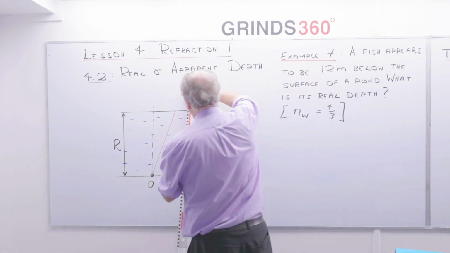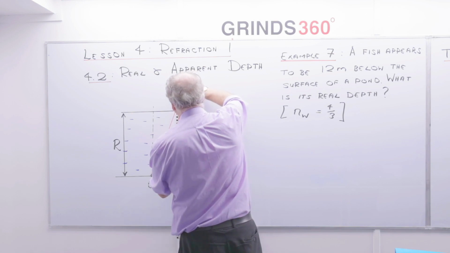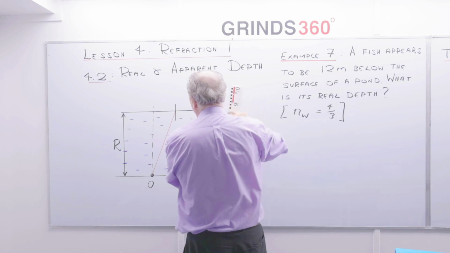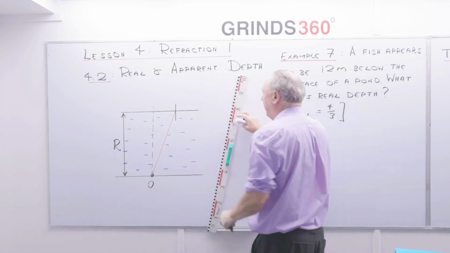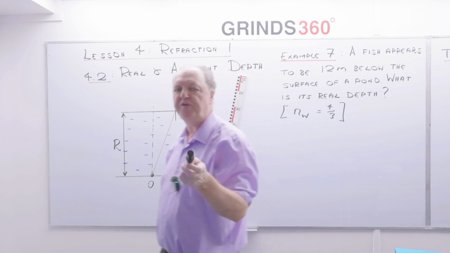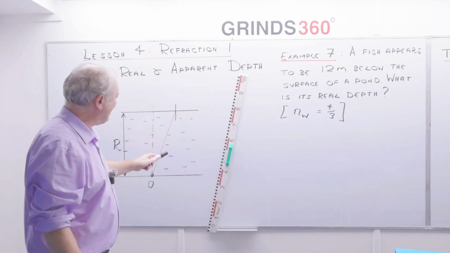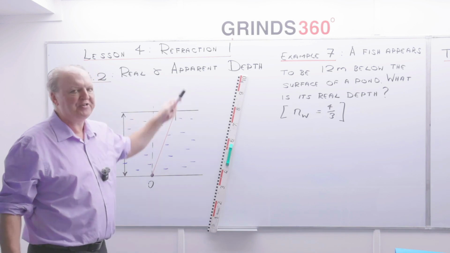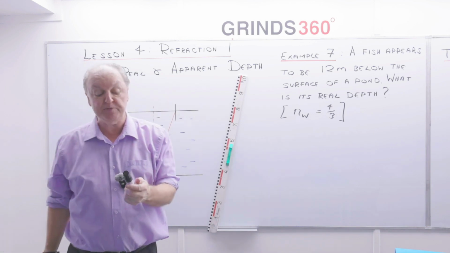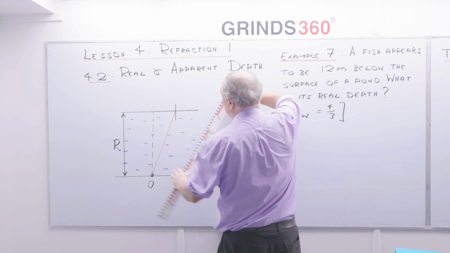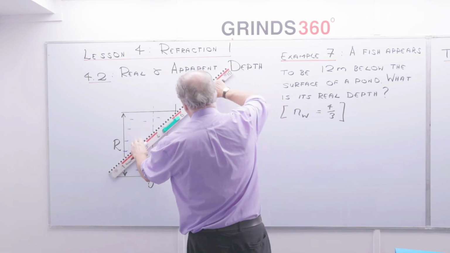Here's my normal, a line perpendicular to the surface. That ray of light is going to be moving from a slower medium to a faster medium. It's going to go from water out to air. And what happens to it? It'll bend away from the normal.